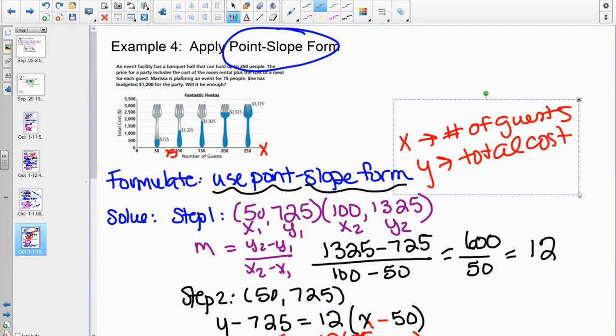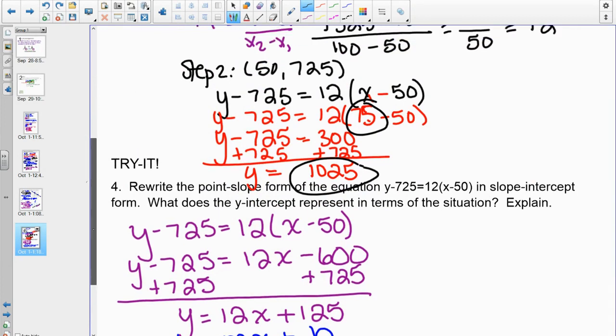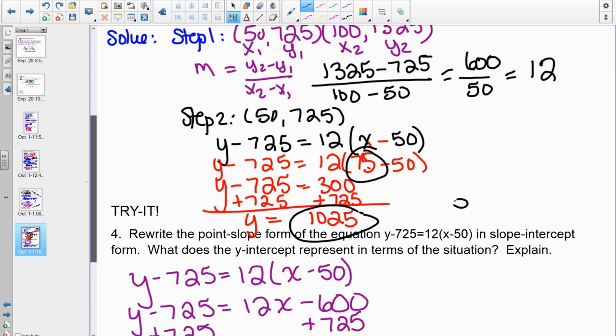So going back to the question, if she has these 75 people come, does she have enough money? If I read the small print here, it says Marissa's planning to have that 75. She has budgeted 1,200 for the party. Will that be enough? When we plugged in 75 for x, we got the y value of 1,025. So the answer is yes. Marissa has budgeted enough money.